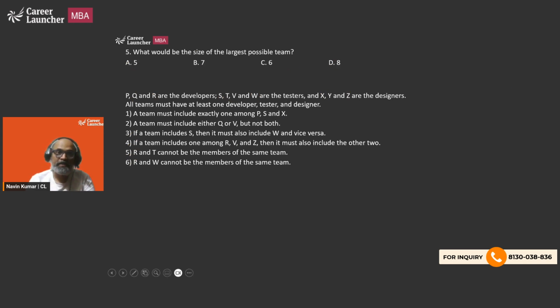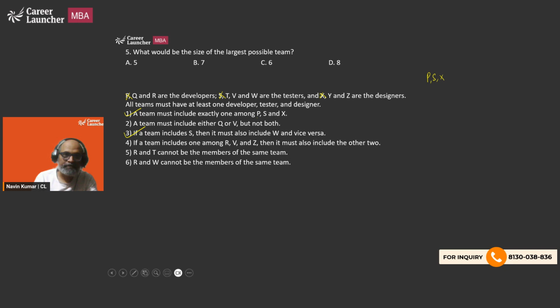Next, what would be the size of the largest possible team? Now, between P, S, and X, we can only have one, right? So done with P, S, and X. There is no other statement. Okay, it says third one. If S is included, then W will come together.